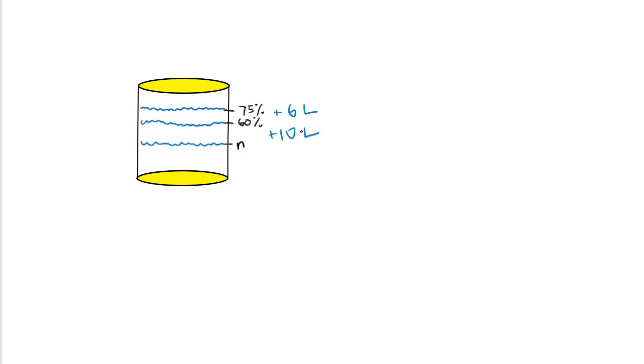The full algebra solution, or simply to note that adding 6 liters is a change of 75 minus 60%. So 75 minus 60, which equals 15%, equates to 6 liters.